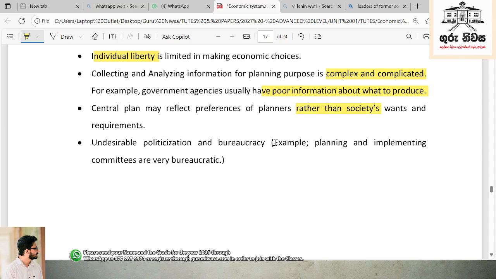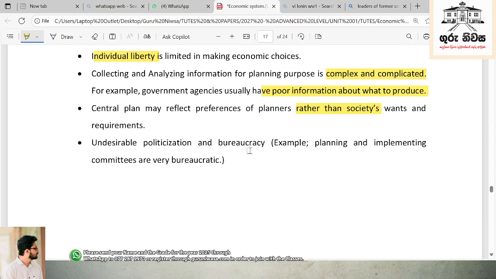Next one, undesirable politicization and bureaucracy. This means rules and regulations are tough, like Sri Lankan government organizations. If you want to register your own business in Sri Lanka, it takes months and months. That much bureaucracy, and political influences there.